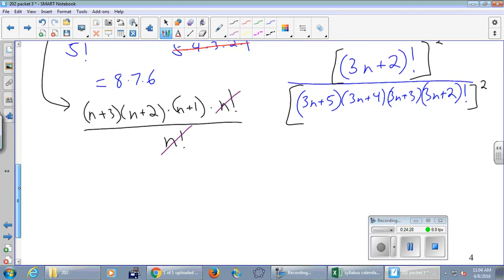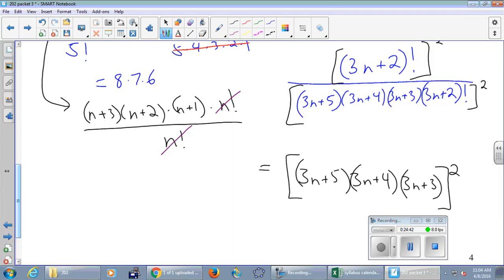So let's write our final answer here, equals 3n plus 5, 3n plus 4, 3n plus 3. You're welcome to put squares on them individually if you wish. I'll leave it in brackets and square it once at the end. Is that our final answer?